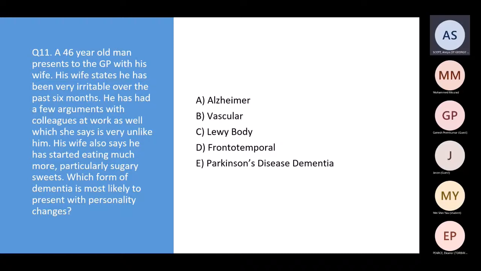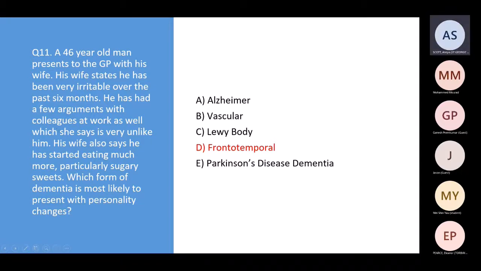Okay, 5 more seconds. So we had a bit of a split, but the answer is frontotemporal. So frontotemporal, things to look out for in a question stem are that it's a young person.